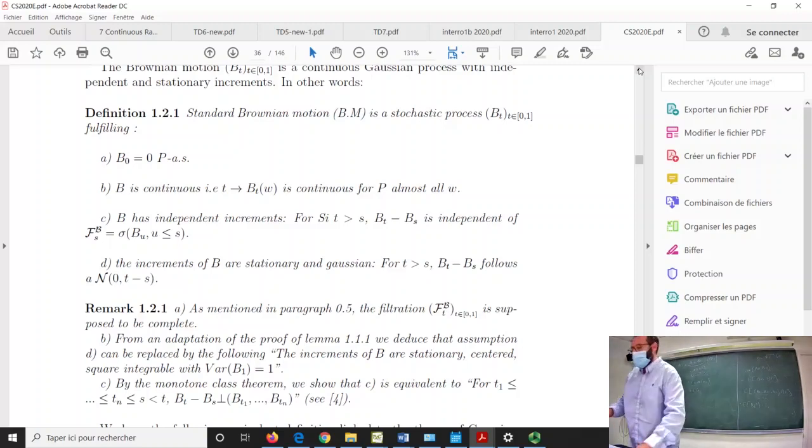So it's Proposition 1.2.1. It tells you the following.